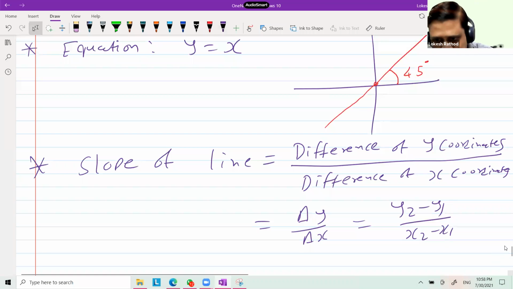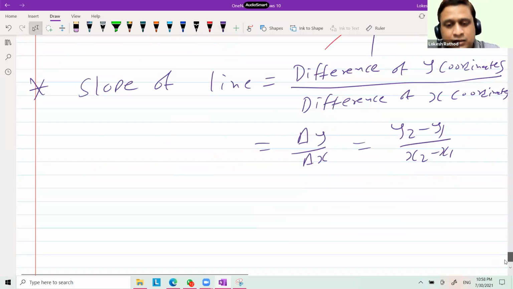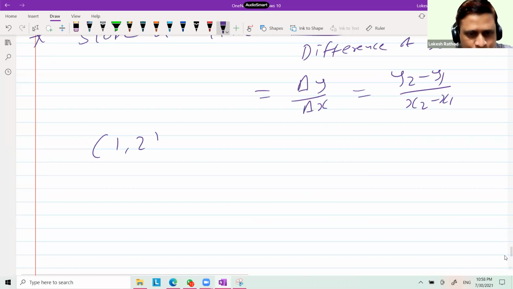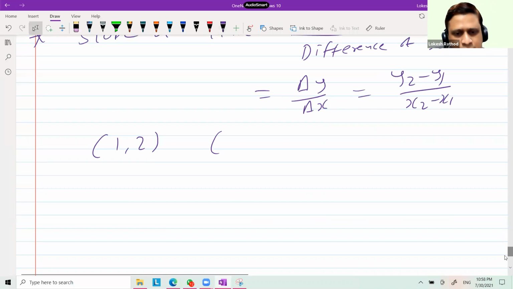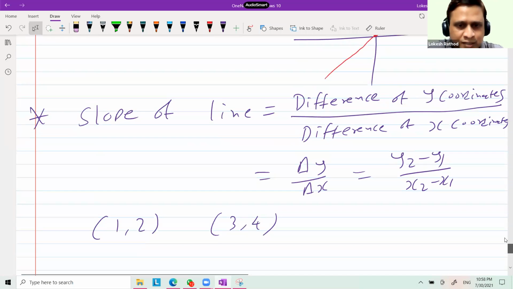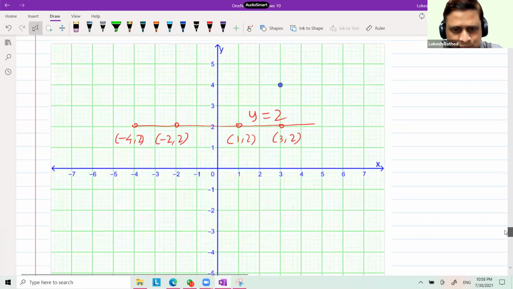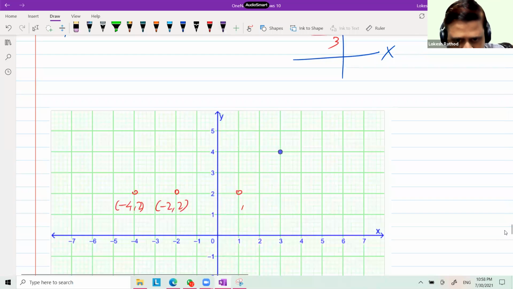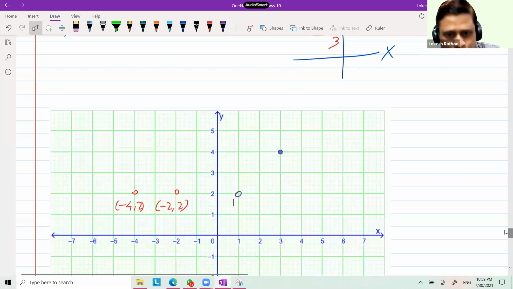I take an example, it will be clear. Say there are 2 points, 1, 2 and another point 3, 4. I want the slope of the line joining these 2 points. So the x coordinate is 1, y coordinate 2 here, and x coordinate 3, y coordinate 4 here.